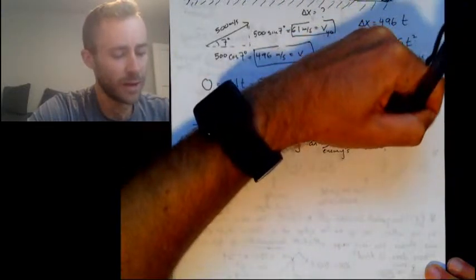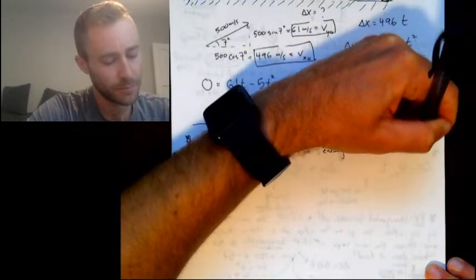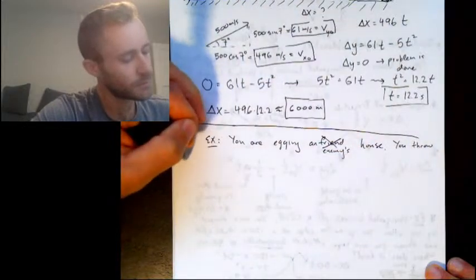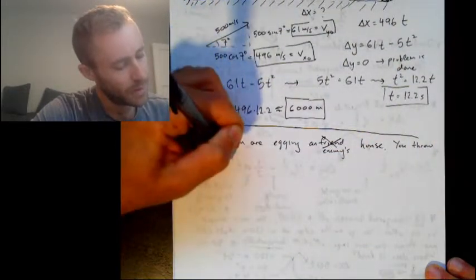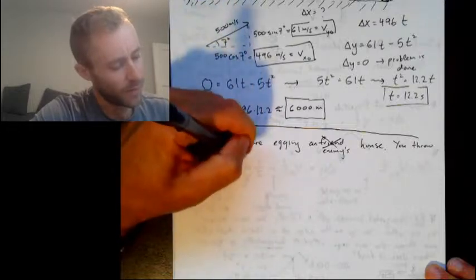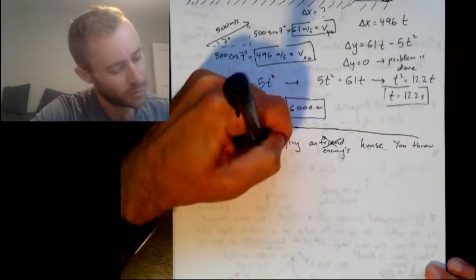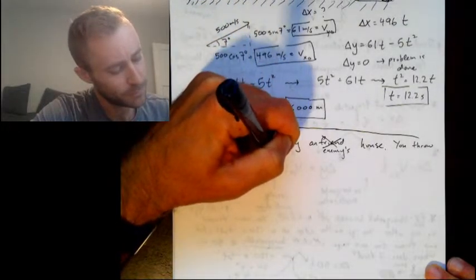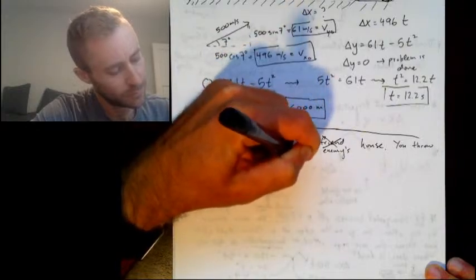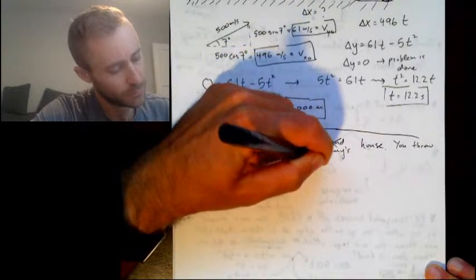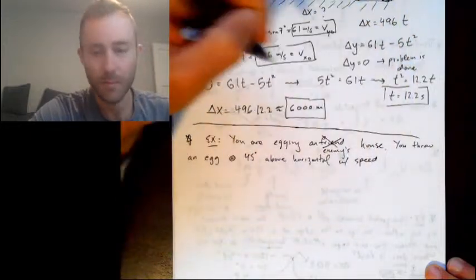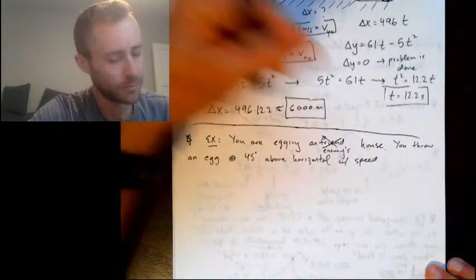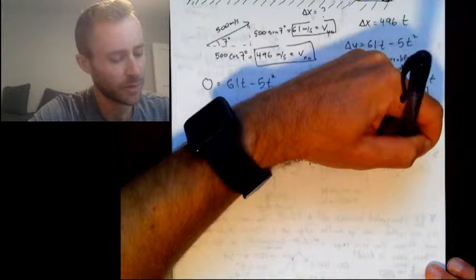You throw an egg at 45 degrees above the horizontal, with speed, let's say 25 meters per second.